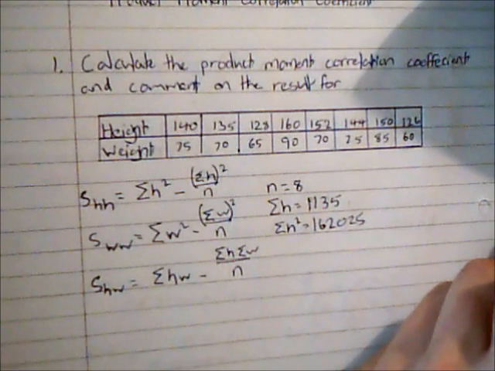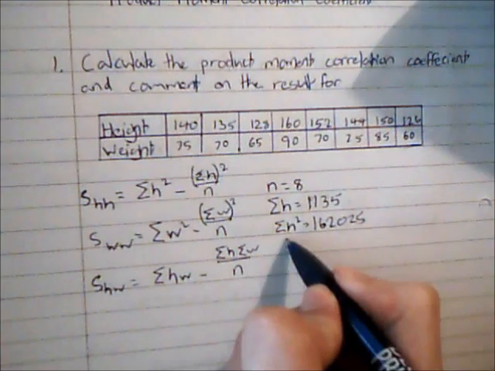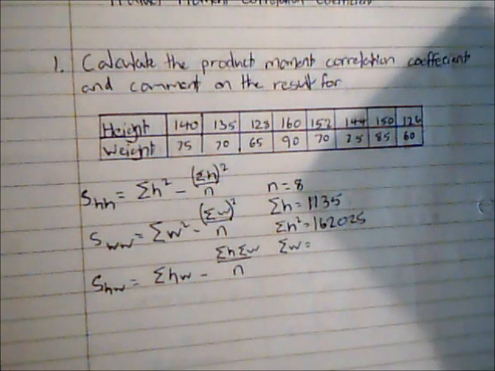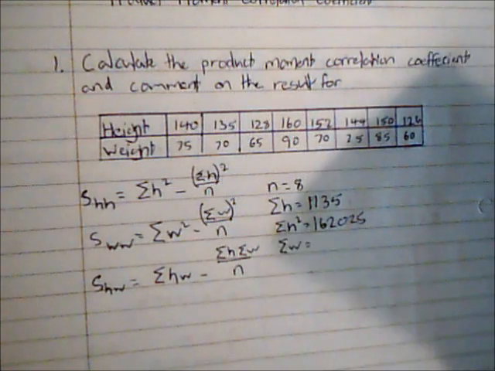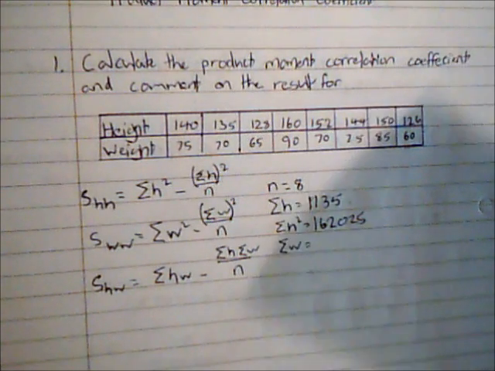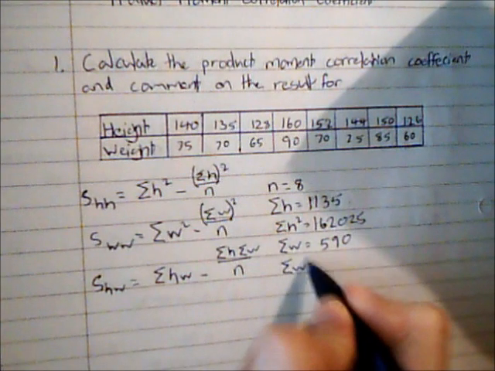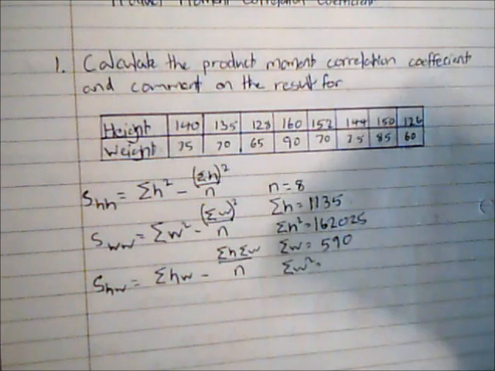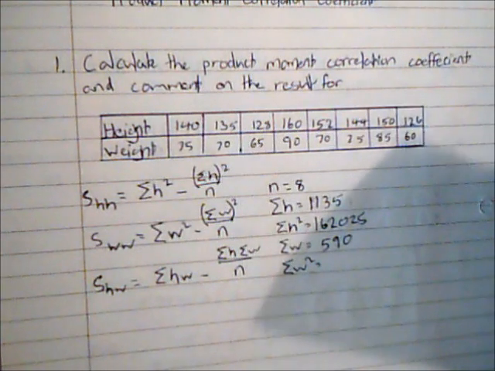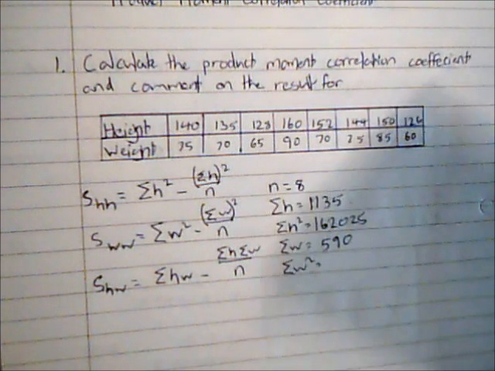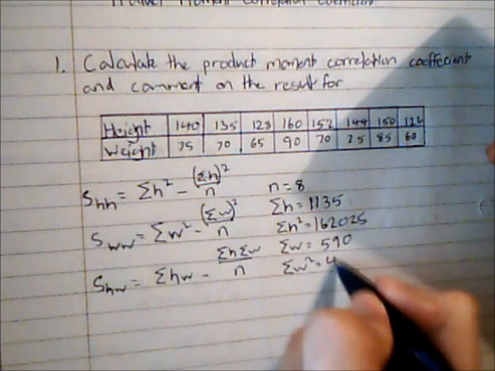I then need the similar calculations for W, so sigma W is just going to be the sum of all the W's, 590, and then finally sigma W squared, which here I have is 44,200.